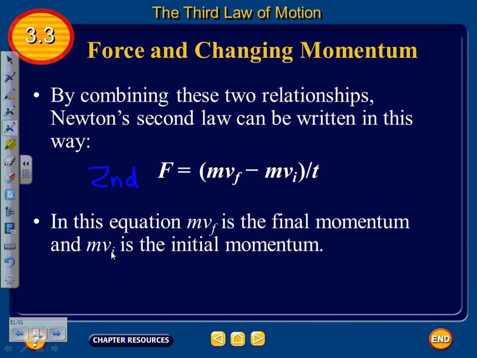In this equation, m v sub f is the final momentum, because if you look at this part of the formula, this is how you solve for p, or the momentum, and this is the initial momentum. So you could say that this is p sub f, and this is p sub i, the initial momentum.